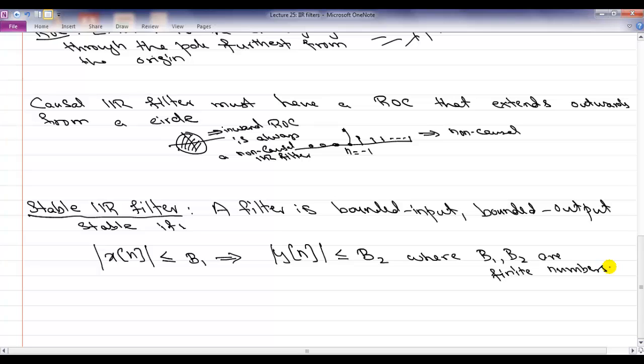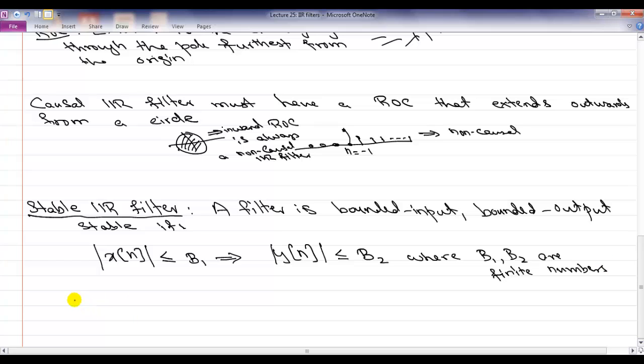If I apply some input, the output doesn't blow up. Right? So if you, for example, apply some small voltage to a circuit that you have built, which acts like a linear time invariant circuit, you don't want the output voltage to just go unbounded. Right? So stability is a very important criterion that you desire in practical systems.